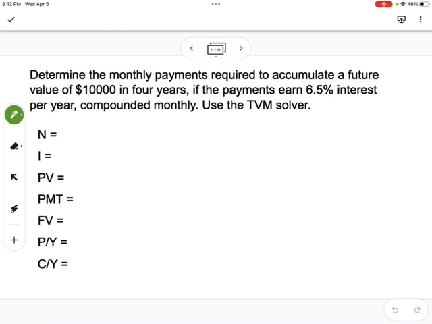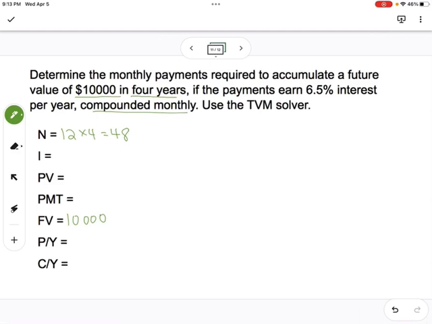So the future value is the $10,000, and that's going to go here. This is for 4 years, compounded monthly, so monthly is 12 times 4 years. The number of compounding periods is 48.